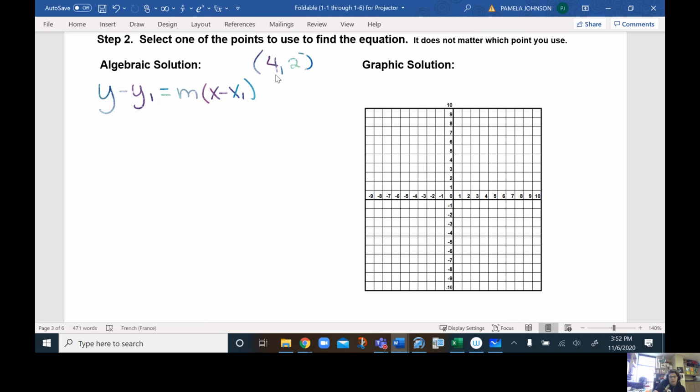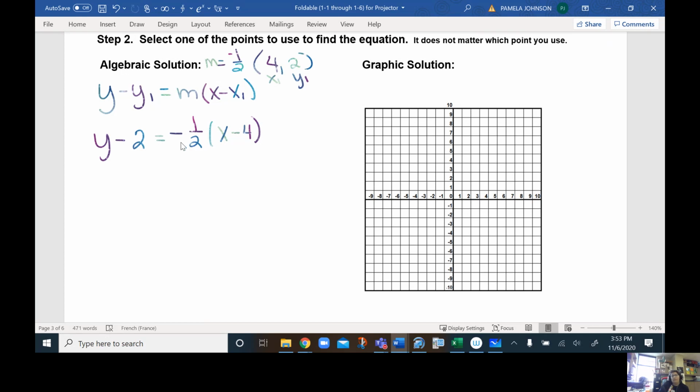Our m, remember, is negative 1/2. 4 is going to be our x1. 2 is going to be our y1. So y minus 2 equals negative 1/2 times x minus 4.